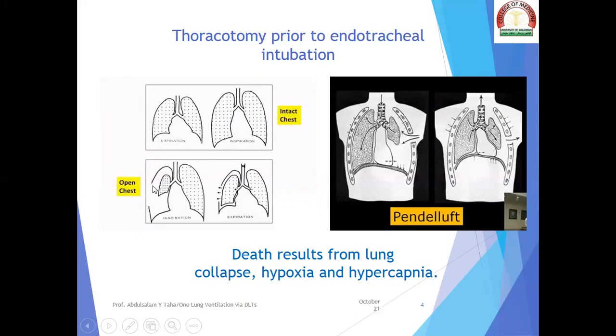When there is an opening in the chest wall, like in thoracotomy, the ipsilateral lung is collapsed, and subsequently there is a pendelluft movement of air from the collapsed lung to the opposite lung, resulting in a series of changes such as hypoxia and hypercapnia, which eventually results in death of the patient.